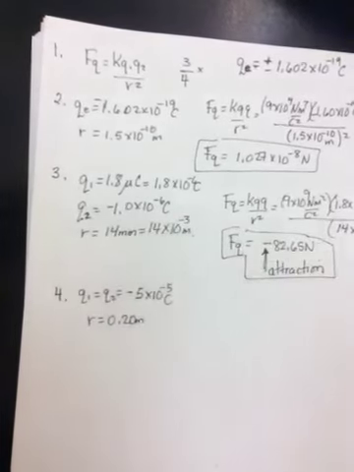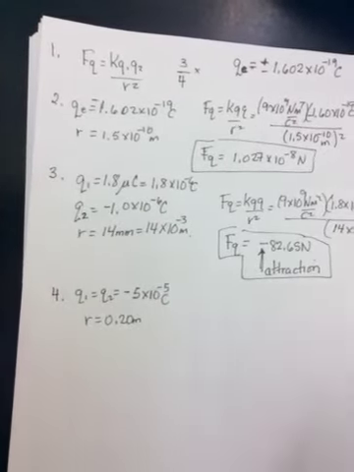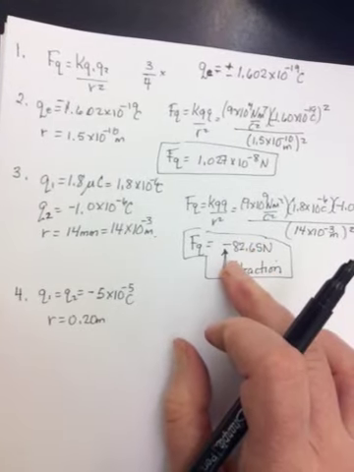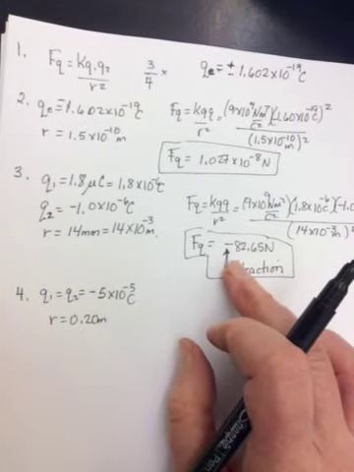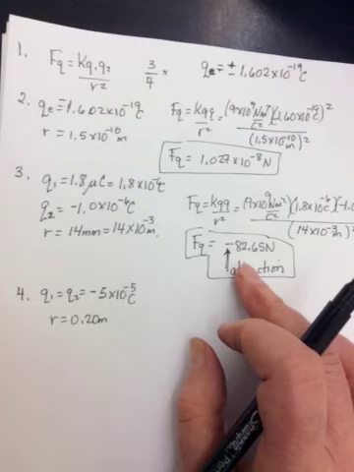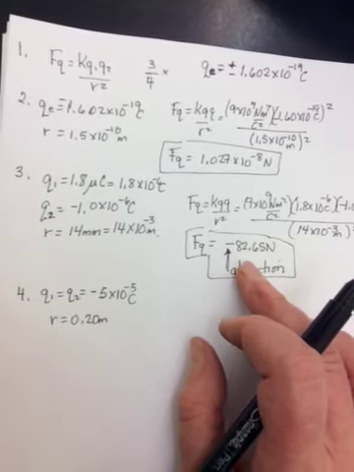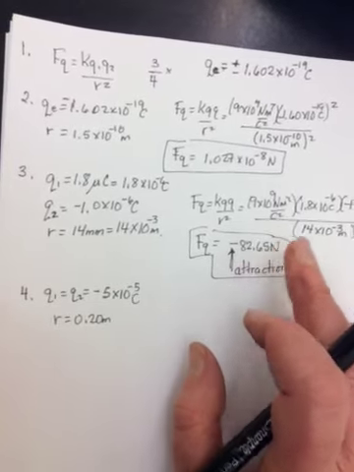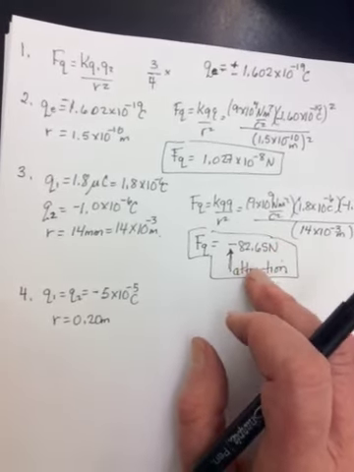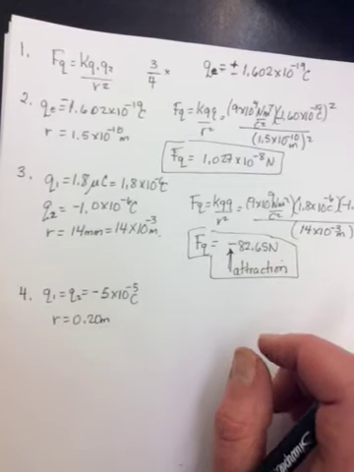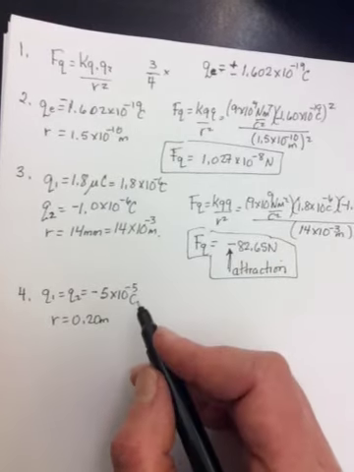Oh, sorry, I didn't quite finish the one above, because it asks what's the force on object A, and then what's the force on object B. Newton's third law tells us this should be the force on both of them, right? One can't put a force on the other if the other doesn't put it back. So both of them are experiencing a force of attraction of 82.65 newtons.